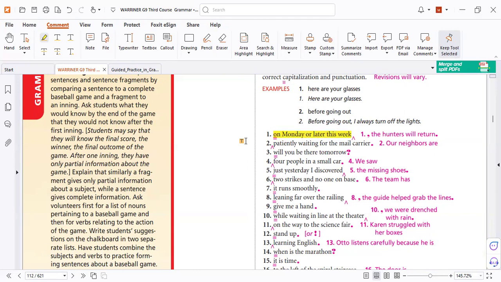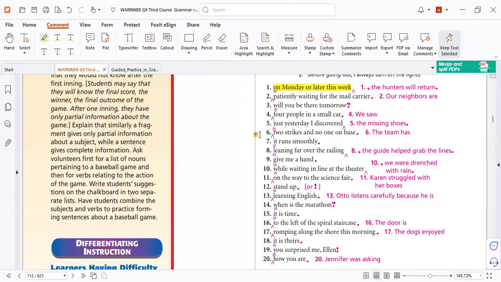Because it does not have a subject or verb. Do we have any verb here? Preposition, noun, conjunction, adverb, adjective, noun. There is none. So we need a subject. Is there a verb? No. That means this part is a fragment of a sentence because it does not have a subject or a verb.